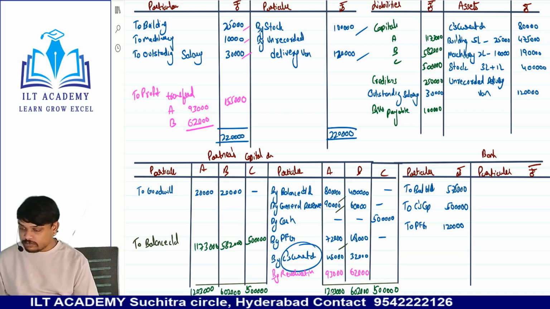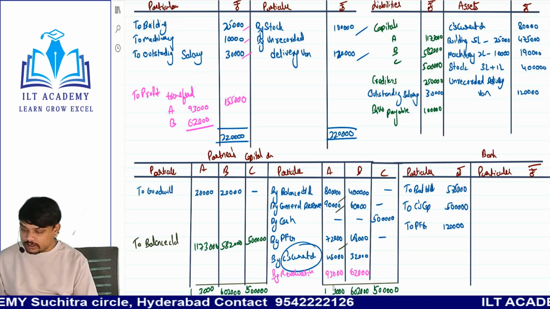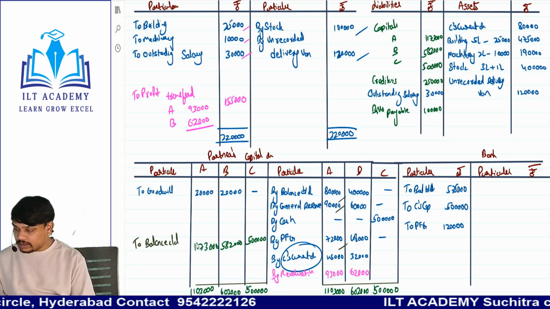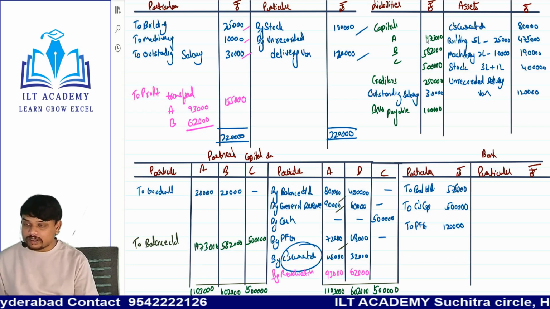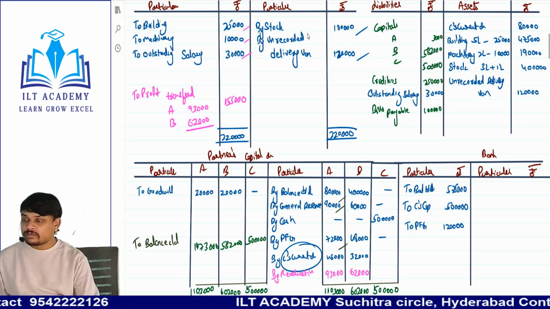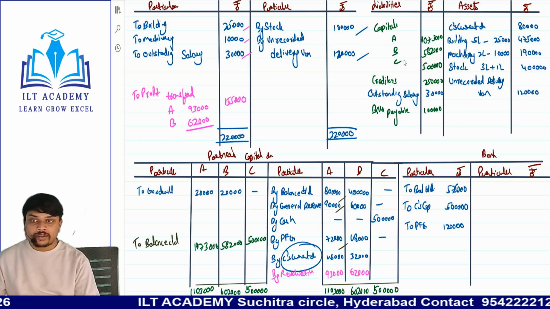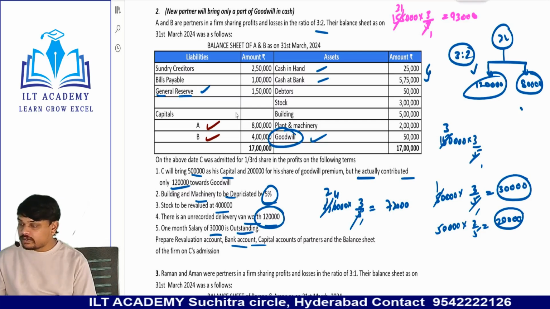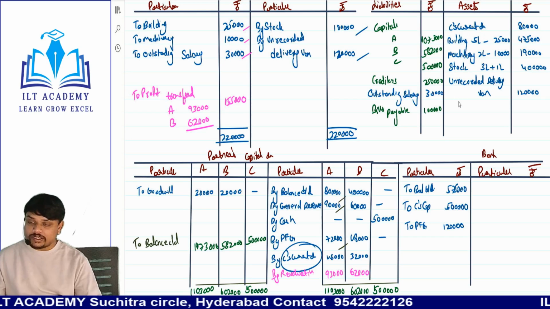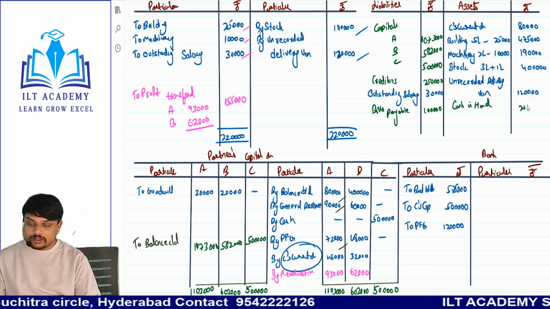Fine. This is 1,070. 73. Perfect. Bills payable done, 1 lakh. General reserve is already distributed. On this side, cash in hand, we did not do any adjustment this time. So cash in hand is written as usual, 25,000.